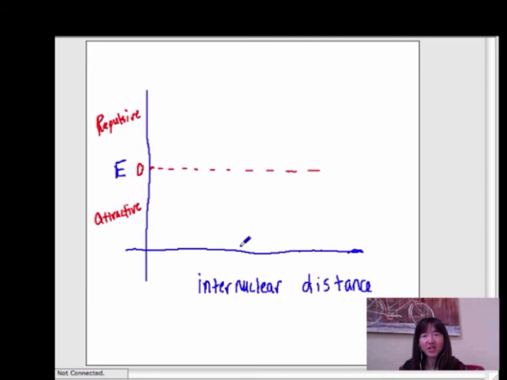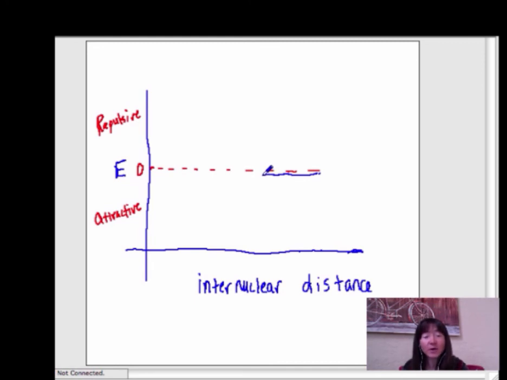Now, we can picture two atoms where very far apart they have very little interaction with one another, and certainly the nucleus of one does not attract the electrons of the other, so we would picture the energy sitting right around 0 at that point. However, as those two atoms come closer to one another, we see the loosey-goosiness of the electron cloud, we know that there's an optimal distance at which the nucleus of one attracts the electrons of the other.